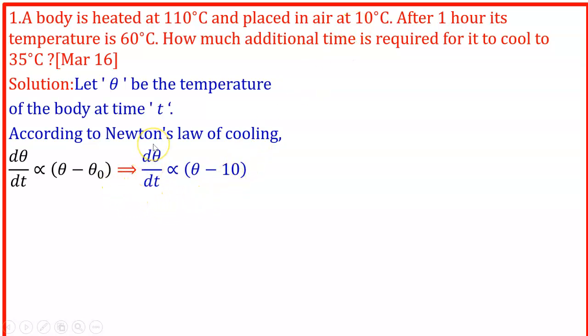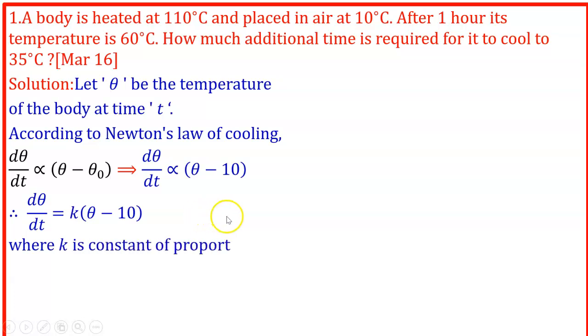Therefore, d theta upon dt is proportional to theta minus theta 0, where k is the constant of proportionality. Therefore, d theta upon dt is equal to k times (theta minus theta 0). Now, by the variable separable method, d theta upon theta minus 10 is equal to k dt.